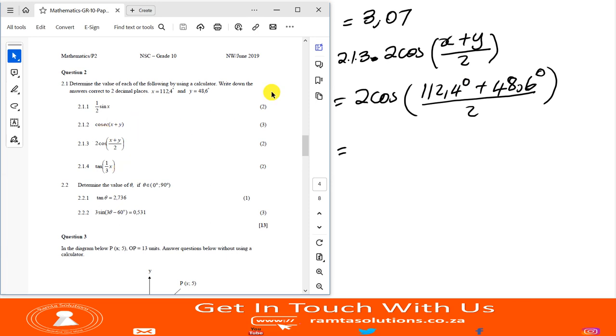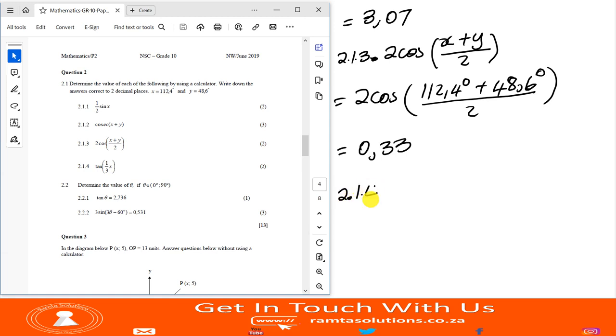So this is 2 cos, open bracket, fraction 112.4 degrees plus 48.6 over 2. What is our answer? If you are correct, your answer is 0.33.